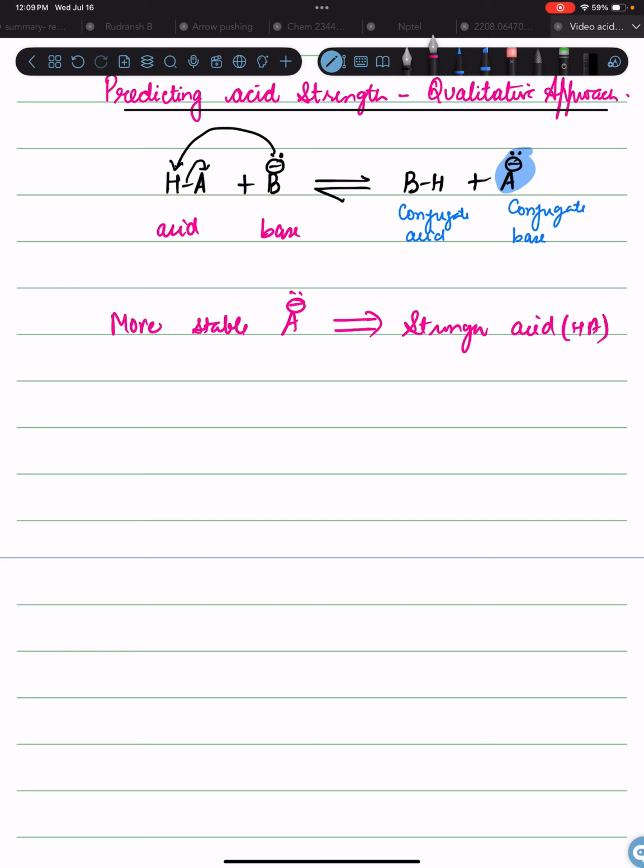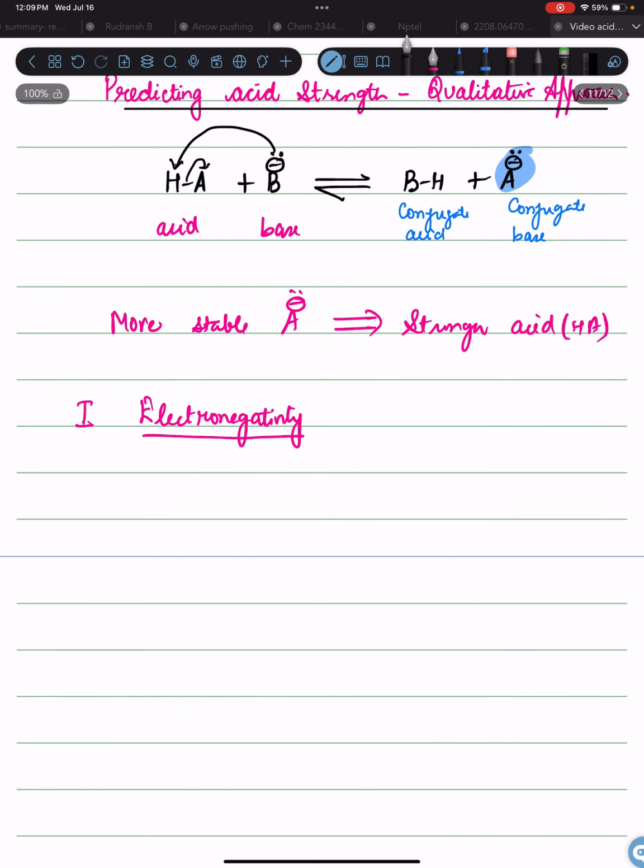For that, there are various factors. We will first see electronegativity. Electronegativity is basically the tendency of an atom in the bonded state to withdraw the shared pair of electrons more towards itself. Suppose there is a molecule AB.